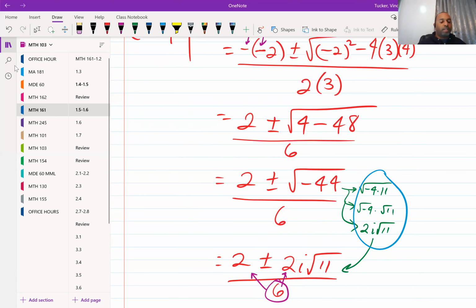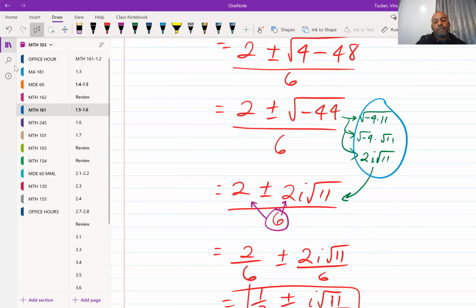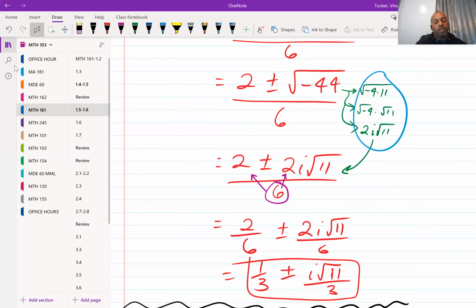All right, so then we can simplify it further by distributing 6 to each term because they are imaginary. It's a complex number. And that'll be 1/3 plus or minus i square root of 11 over 3.